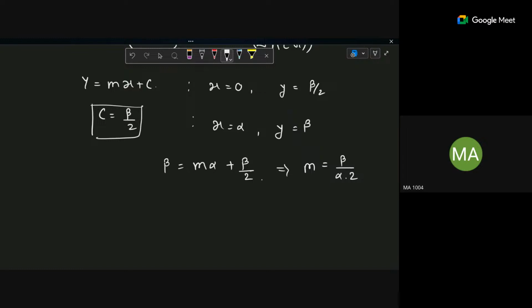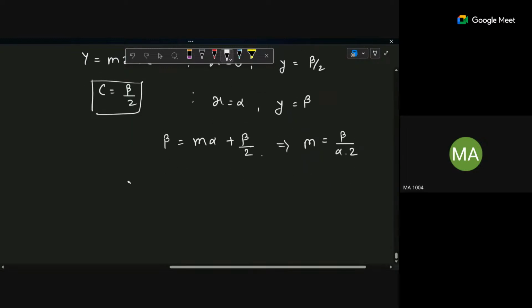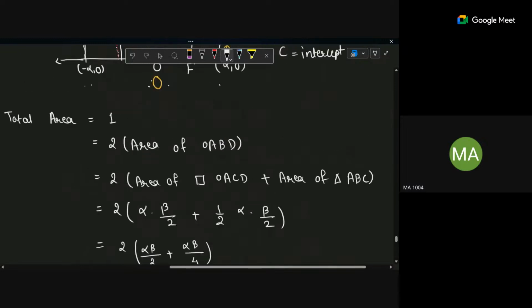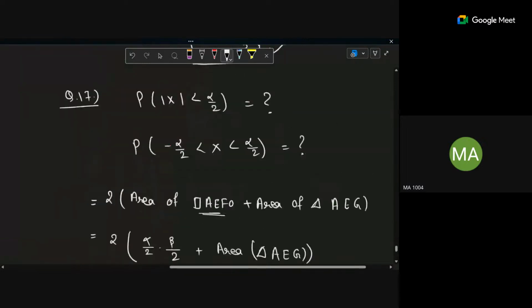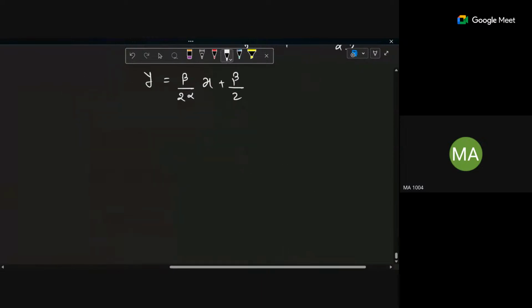So the equation of the line is y equals beta by twice alpha x plus beta by 2. This is the equation of line AB.